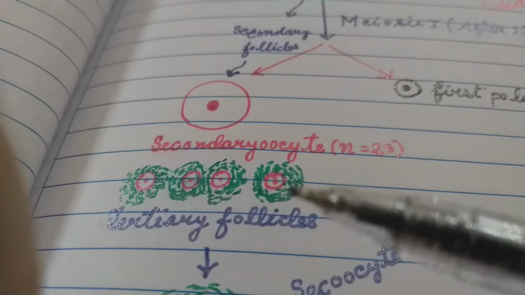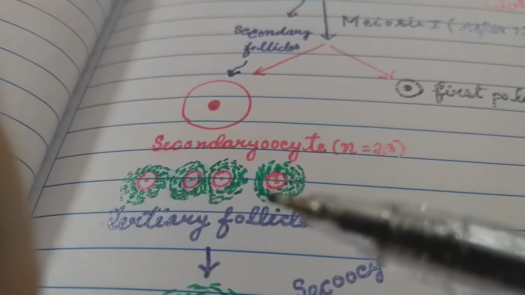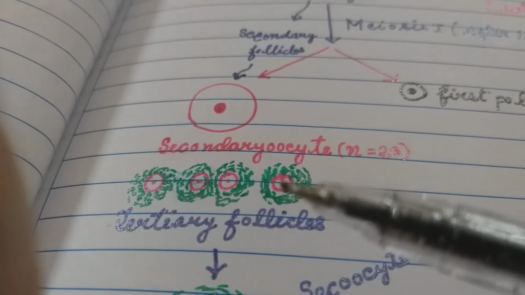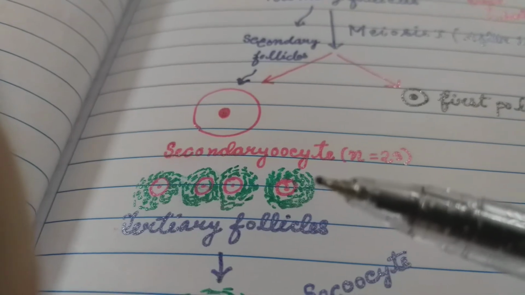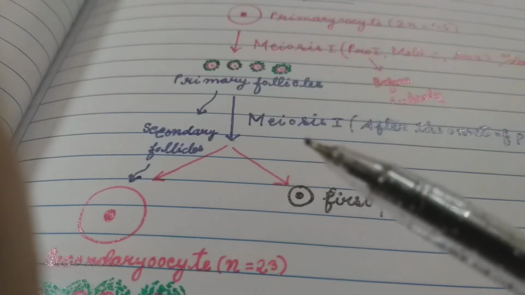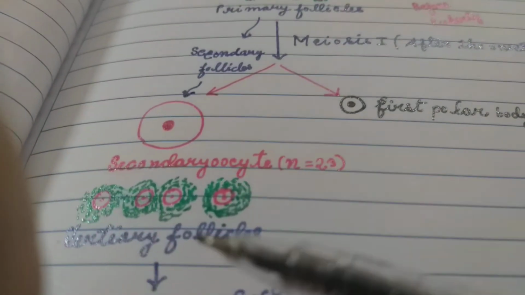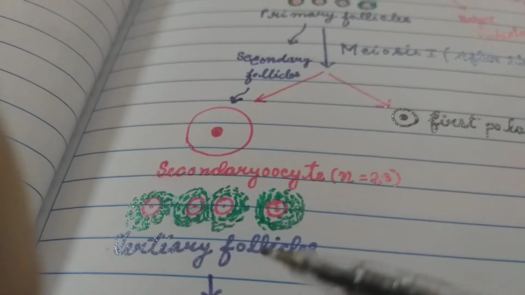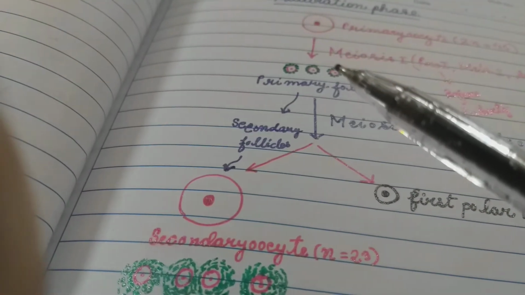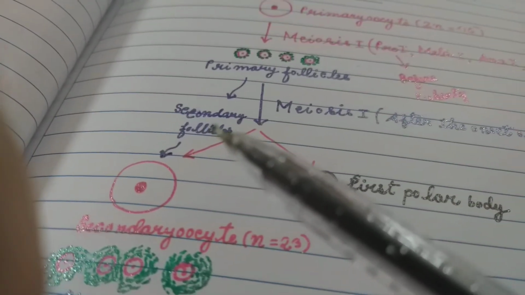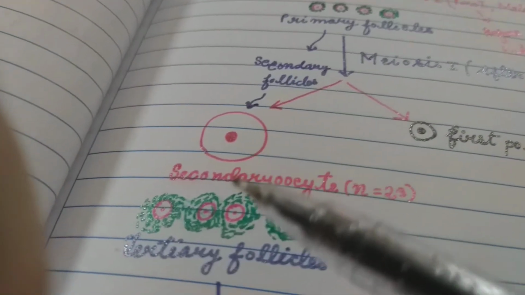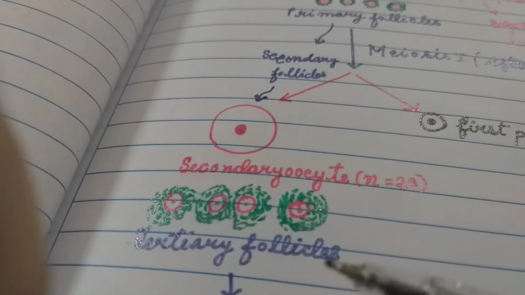So in the tertiary follicle, the oocyte is the secondary oocyte and follicular cells are in multiple layers. So meiosis 1 is complete at the stage of tertiary follicles. The primary follicles gradually transform into secondary follicles. Secondary follicles transform into tertiary follicles.